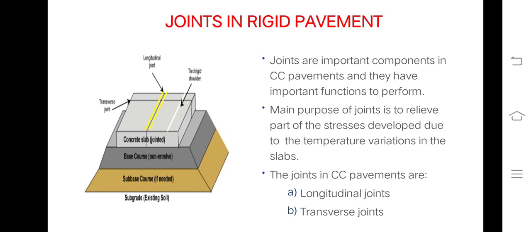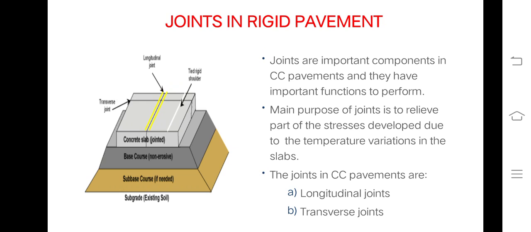Free movement should be available at the joints. It should not cause unnecessary hindrance to the concreting operation, should not be so weak as to pose a structural weakness, and should not hamper the riding quality of the road to a significant extent.